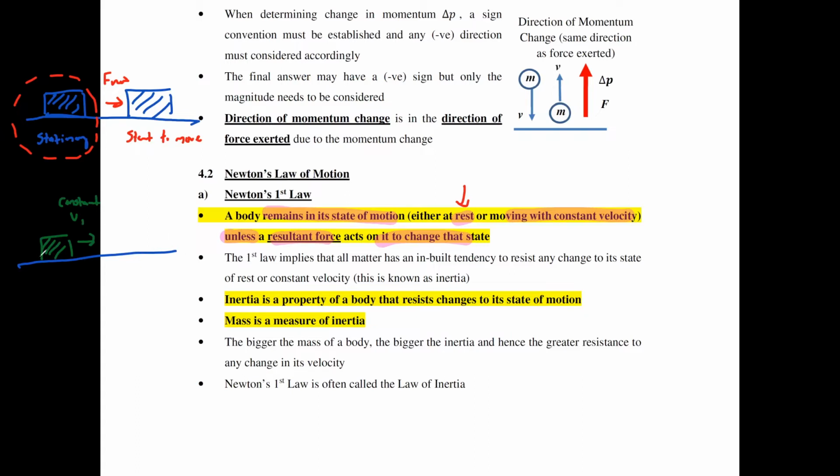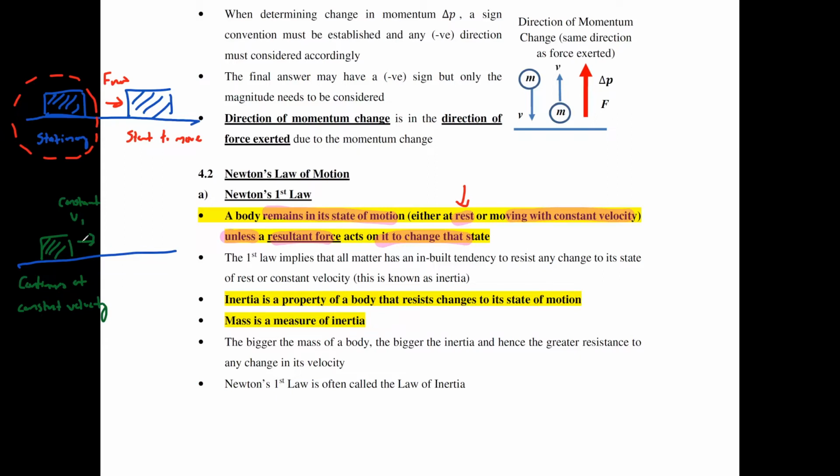Now, if there is no resultant force acting on your object, this one will remain at that velocity. This one continues at constant velocity. So if I have an object that's moving with a velocity v1 right now, it will continue at that constant velocity.